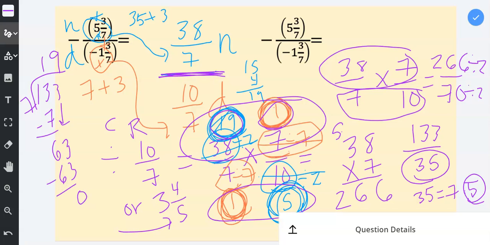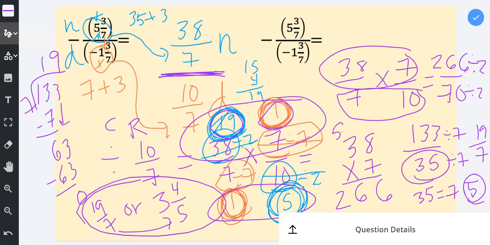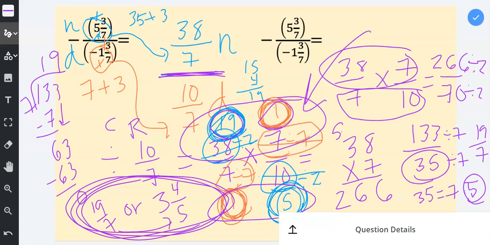So we'd end up with realizing that you can divide 133 by 7 and 35 by 7. And we'd end up with 19 over 7, just like we did over here. Over here we got our answer to be 19 fifths or 3 4/5. I think it's a lot easier to reduce first and then multiply, but you are welcome to multiply first and then reduce afterwards.